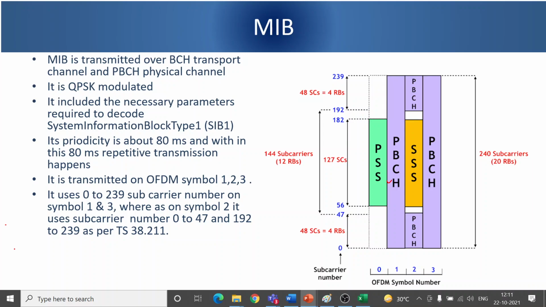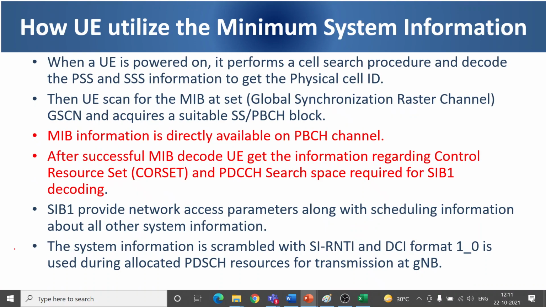Now just see this particular information, how UE utilizes the minimum system information. As we discussed, the UE first decodes PSS and SSS and gets a physical ID, and then the UE scans for the MIB that is there in the PBCH.